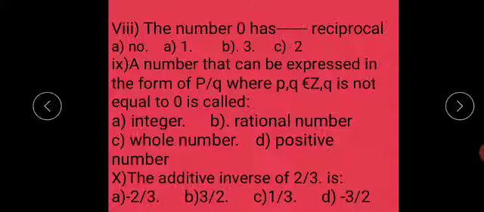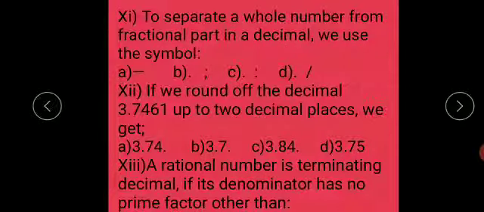Tenth part is the additive inverse of 2 over 3 is minus 2 over 3, 3 over 2, 1 over 3, or minus 3 over 2. Eleventh part is to separate a whole number from a fractional part in a decimal, we use the symbol, this one, this one, this one, or this one.